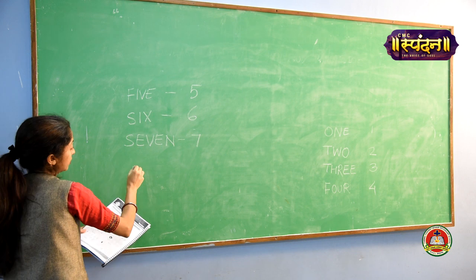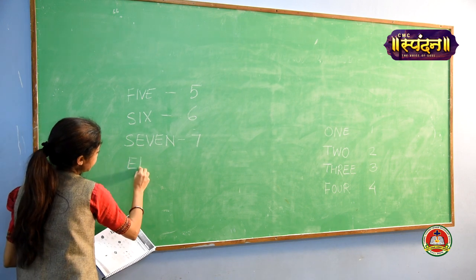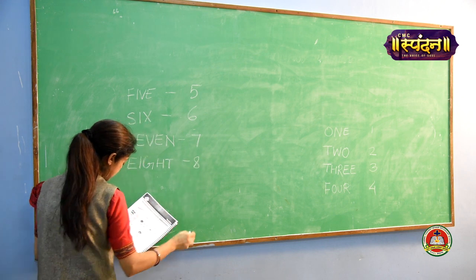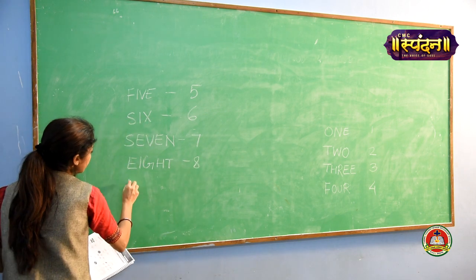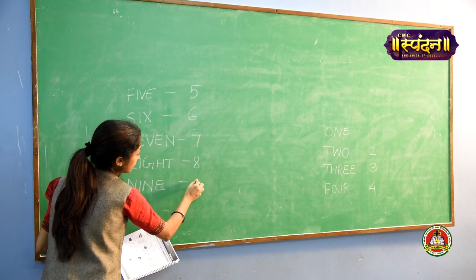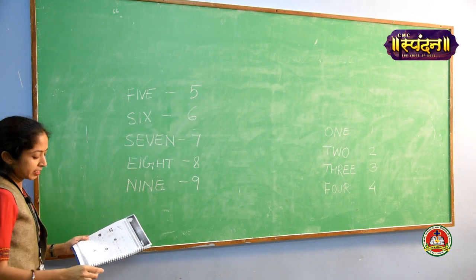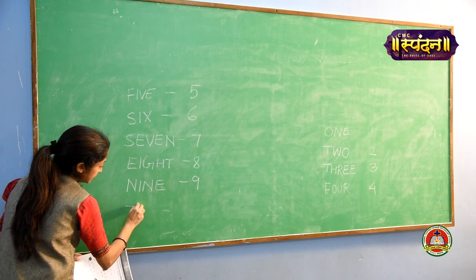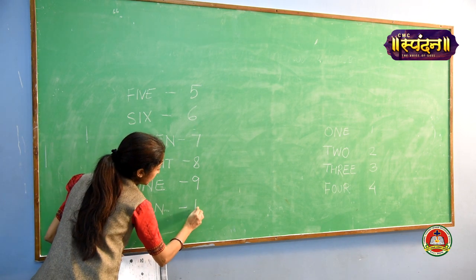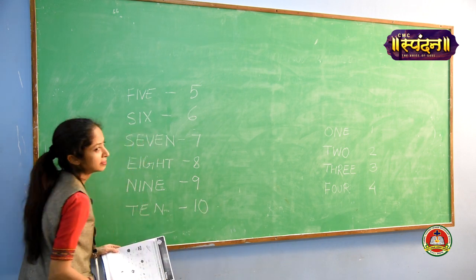And if you have EIGHT, then we are going to write the number 8. And NINE, we are going to write the number 9. And next is TEN, the number is going to be 10.